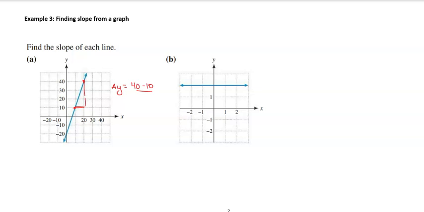So we've got the change in y and the change in x. The change in x looks like it is just 10, going from 10 to 20. So we get 30 over 10, which is 3. So the slope is 3. All right, this next one is a horizontal line. So the slope is 0.